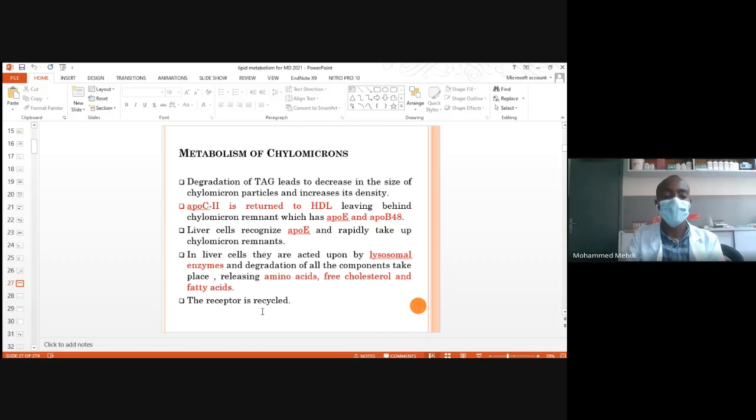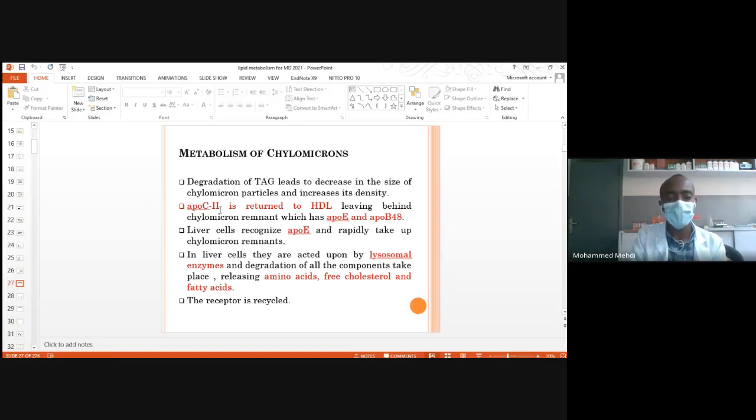The receptor is recycled: after phagocytosis, engulfing the receptor into the lysosome, the receptor will be recycled and expressed on the cell surface. So ApoE is for binding the liver receptor and taking up the remnant chylomicron.